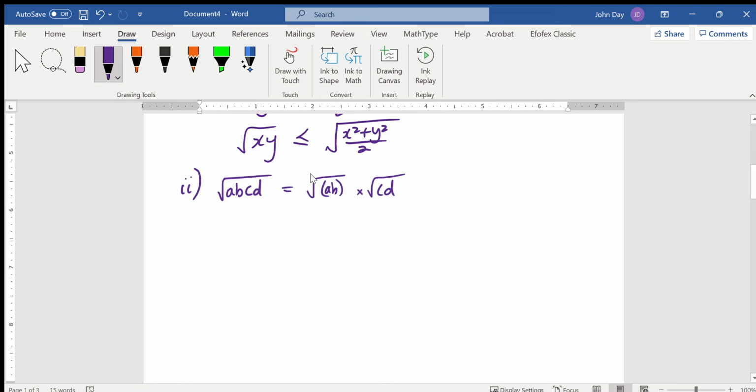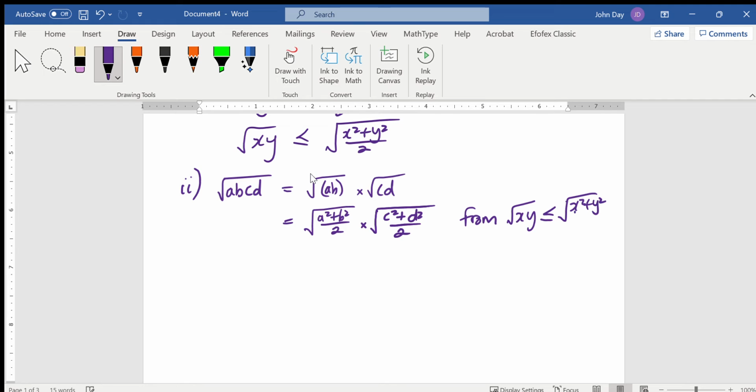So from straight above, this would be root of a squared plus b squared on 2 times root of c squared plus d squared on 2, from root xy is less than or equal to root of x squared plus y squared on 2. Okay, that's a good start.